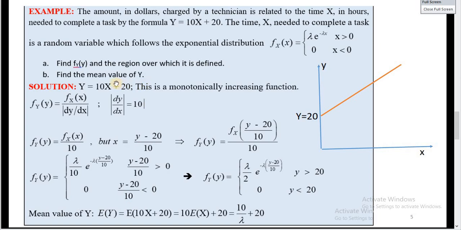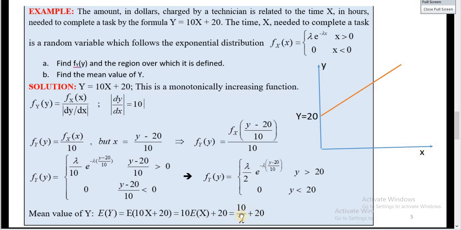The last step: we need to find the mean or expected value of y. We know this relationship that the expected value of 10x plus 20 is 10 times the expected value of x plus 20.